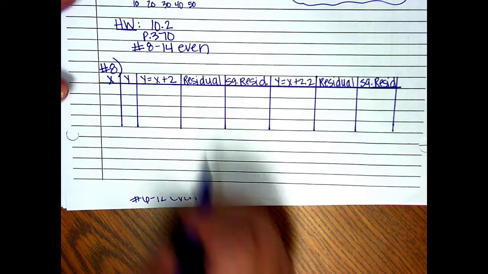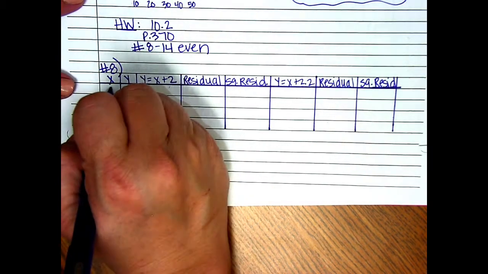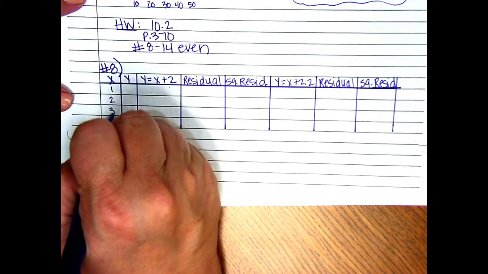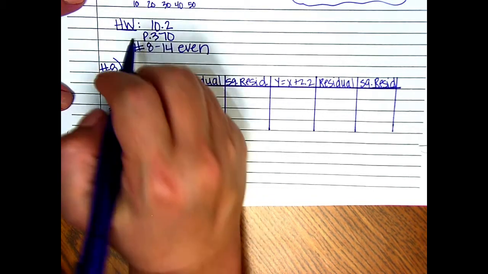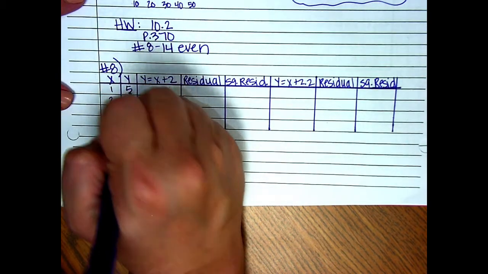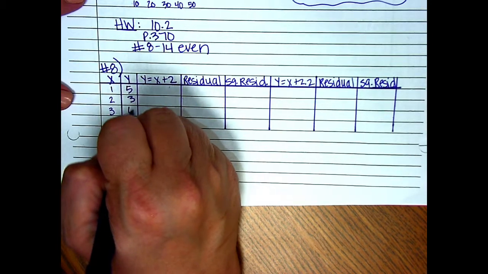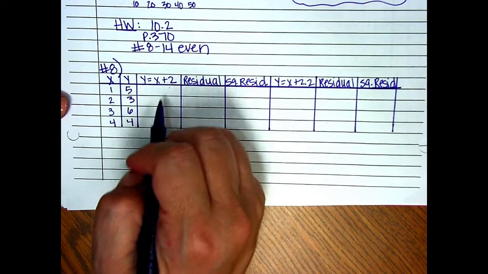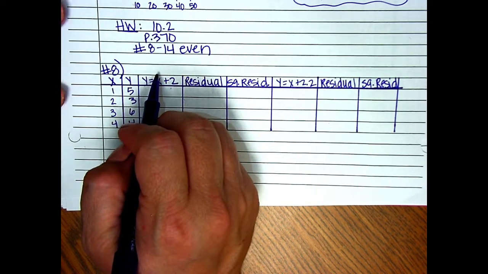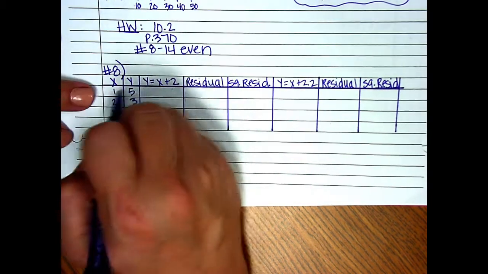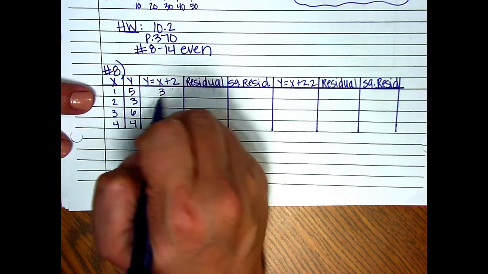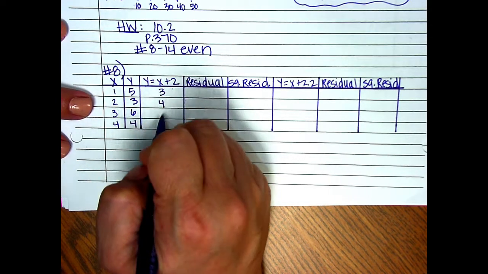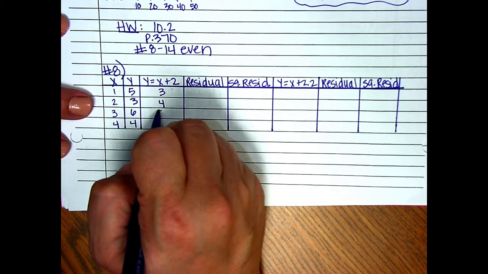So the x values they give us for 8 are 1, 2, 3, and 4. And the y values are 5, 3, 6, 4. So the first thing I'm going to do, this is my first predicted y. If I substitute 1 in, I get 3. 2 gives me 4. 3 would give me 5.